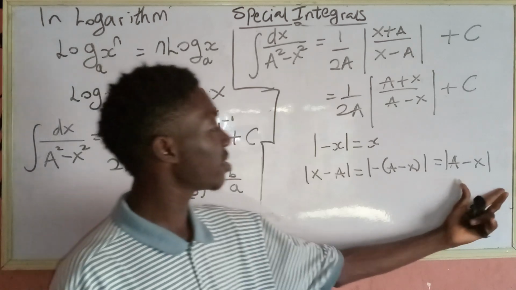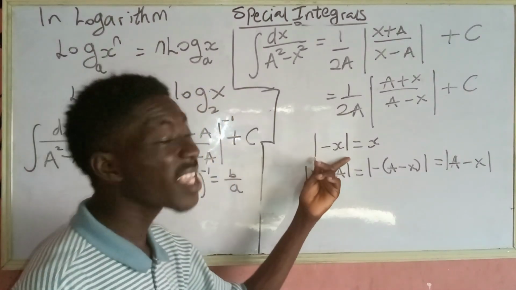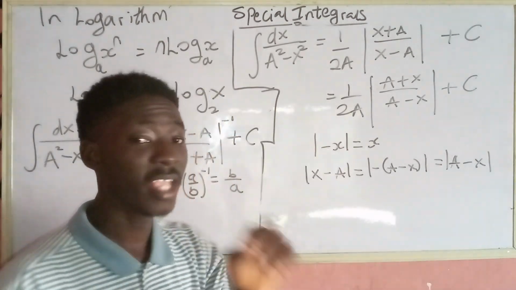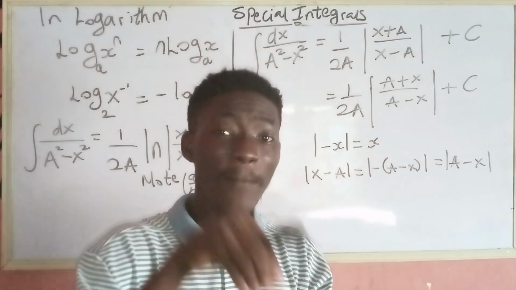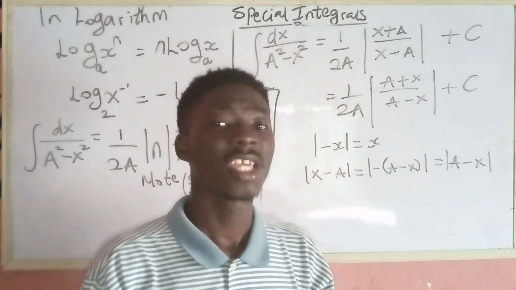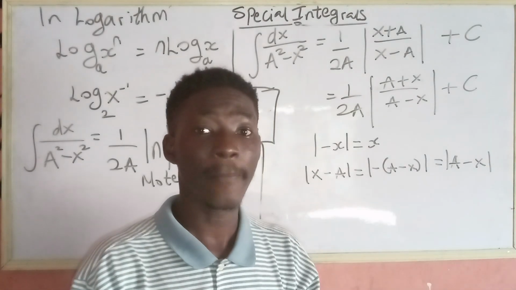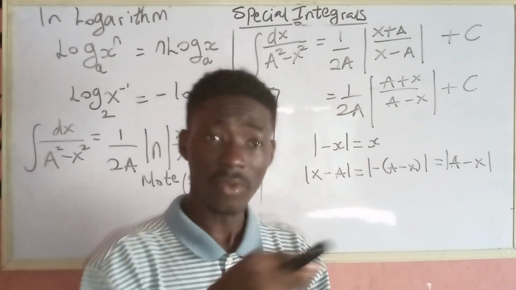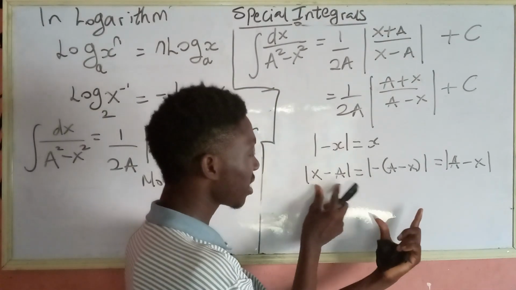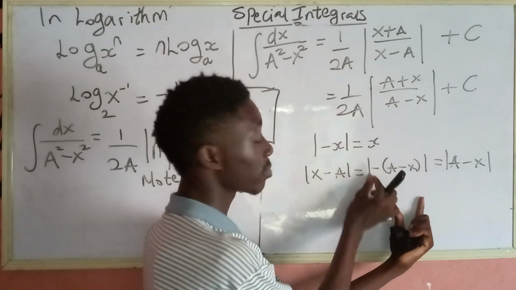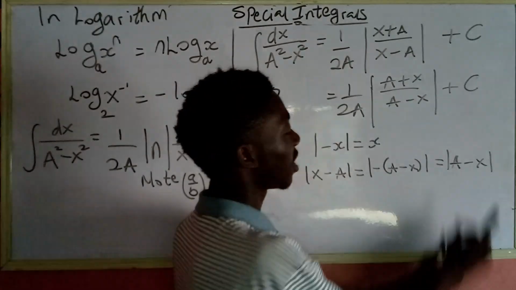So this and this are the same, because whenever you find the absolute value, the meaning of absolute is that it absorbs the minus or the plus of a number. If I say the absolute of minus 5, my answer is 5. The absolute of 7 is 7. So in that case, this leads to this. That means absolute absorbs the minus, and I have just a minus x.